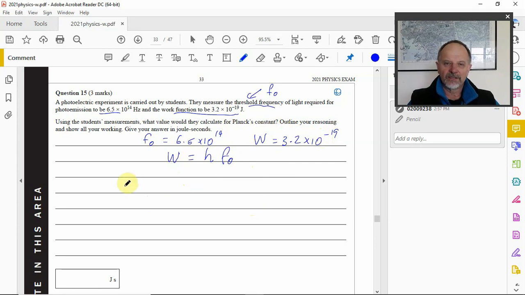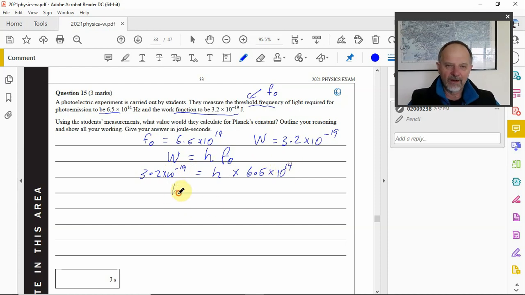So the work function, which is 3.2 by 10 to the minus 19 joule, is equal to Planck's constant times the threshold frequency, which is that.